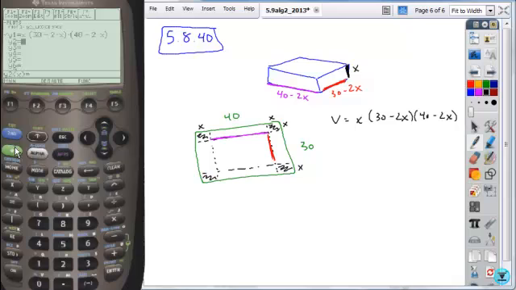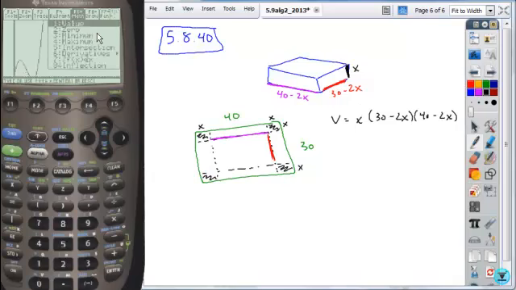So once again, my viewing window, I've extended it pretty high. All I need to do is find my relative maximum. This value right here will give me my highest possible volume that I can get based on these dimensions.